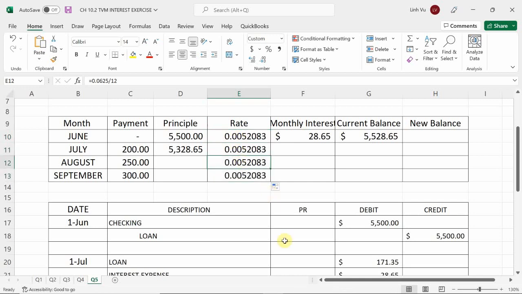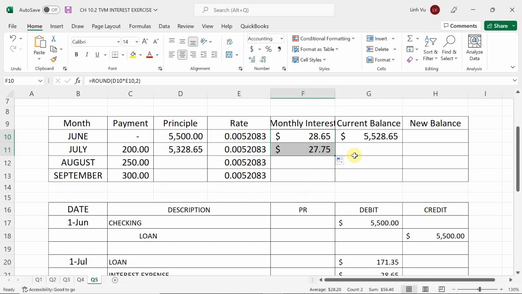You're going to be multiplying 0.5% every single month. So this time, the only difference here is my principal is different. So let's calculate how much interest is going to be collected for the month of July. If my principal is $5,328.65, would it be $27.75?